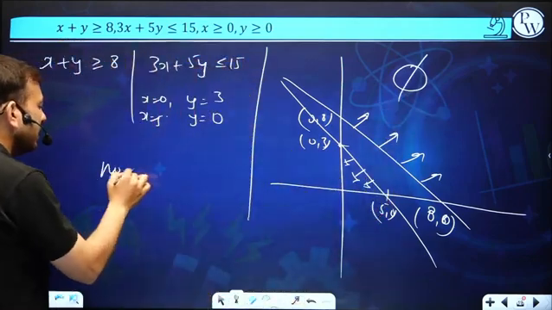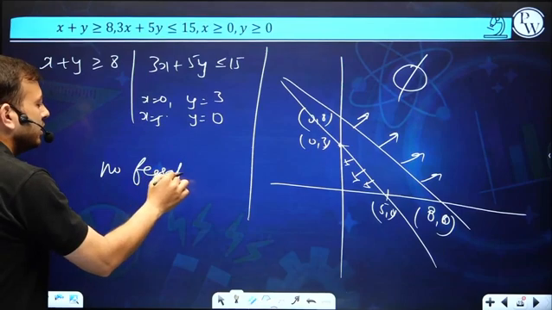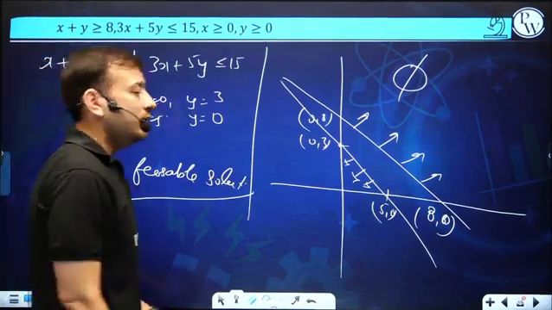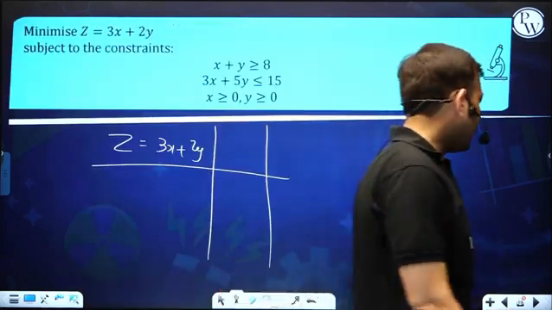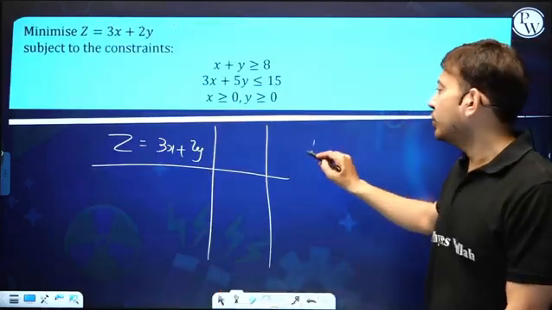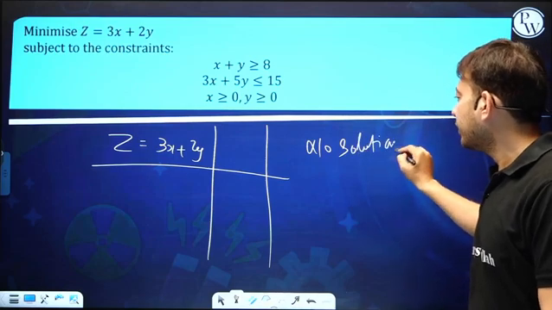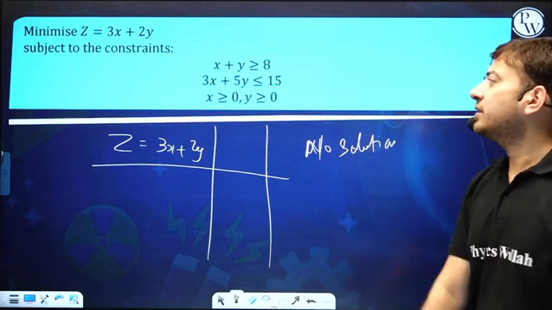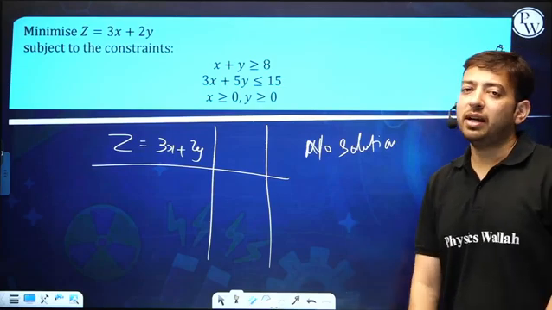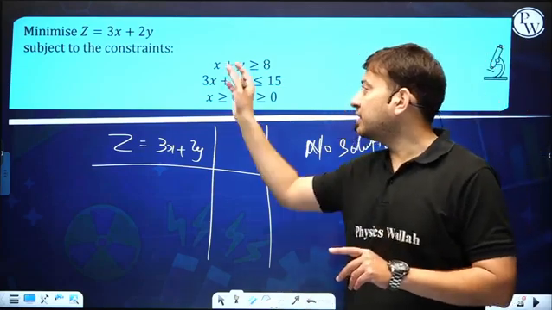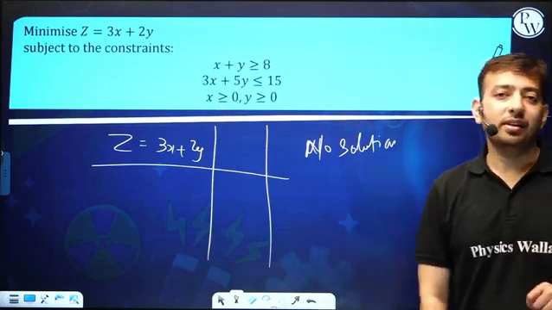If there is no feasible solution, you will write that there is no solution. That's it. Nothing else. It cannot be minimized or maximized. Understood? Under these conditions.